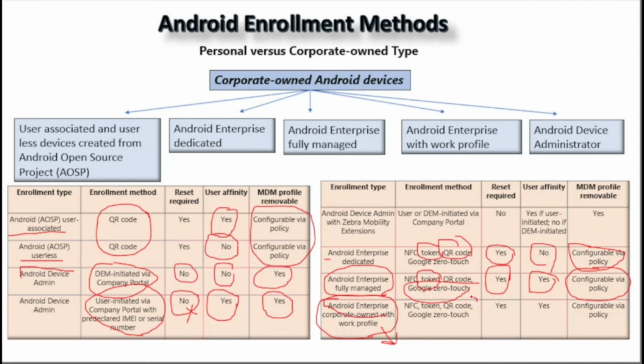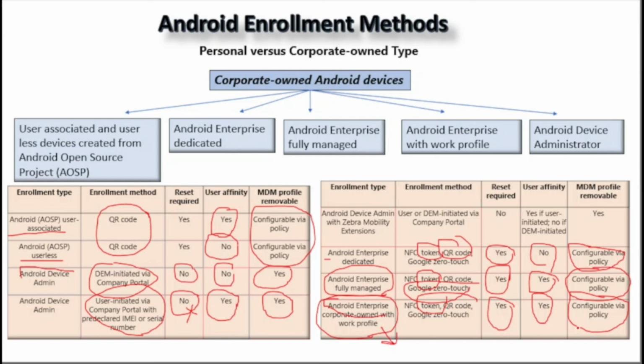In that case, either we need to use token based enrollment or a QR code, or again the Google zero touch method to enroll the device. Again, in this case also reset is required. The person who is going to enroll the device is the primary owner of the device, and we can configure whether the user is allowed to remove the MDM profile by uninstalling using company portal.